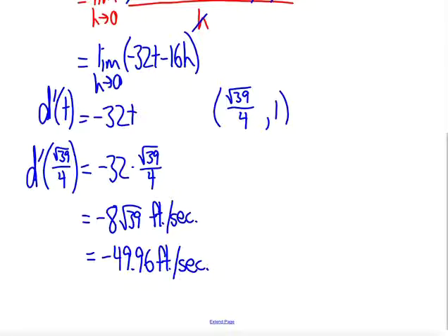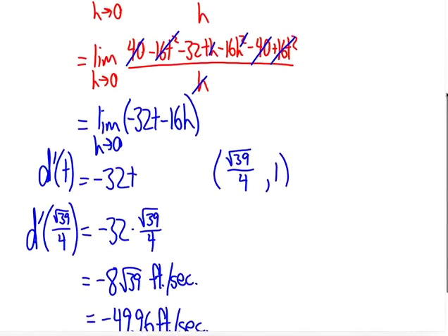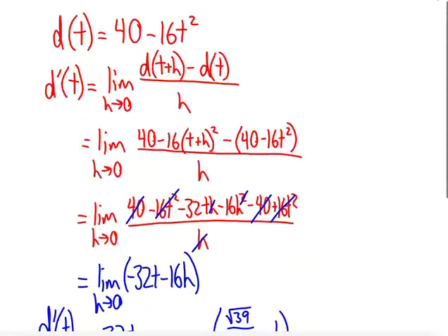And if we wanted to see it when it actually hit the ground, we would have to figure out what the point was on the original function when the height was 0. So this would have hit the ground when 40 minus 16t squared equaled 0.